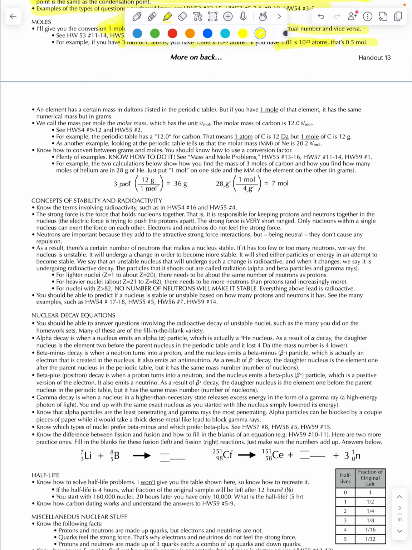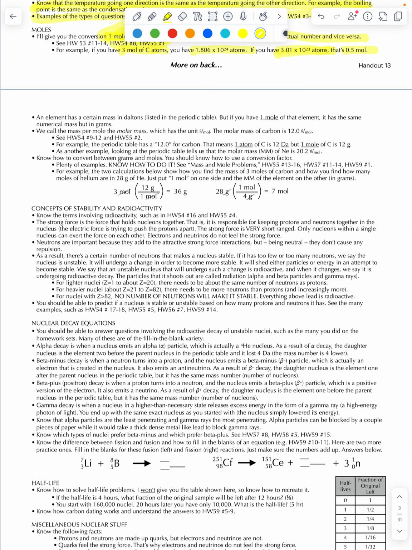But here's the cool thing about this. The reason they chose Avogadro's number is it's the perfect number of atoms such that if you had that number of atoms, the mass of that collection of atoms is the same number, but in grams, as the mass of one of those atoms in Daltons. I know that's a big mouthful, and I'm not sure if you got it, but I think you understood it earlier.